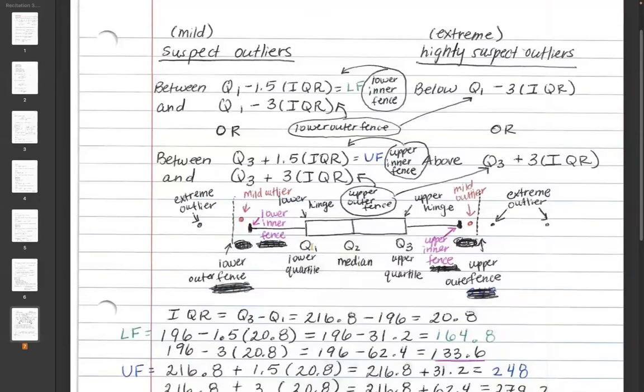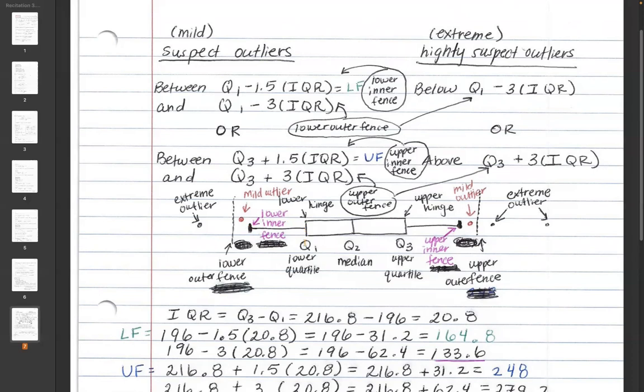If I were to write out what the different parts of the box plot are, we have the hinges: this is the lower quartile, we have the median, and then we have the upper quartile here. The lower inner fence and the upper inner fence are these values here where the line stops.